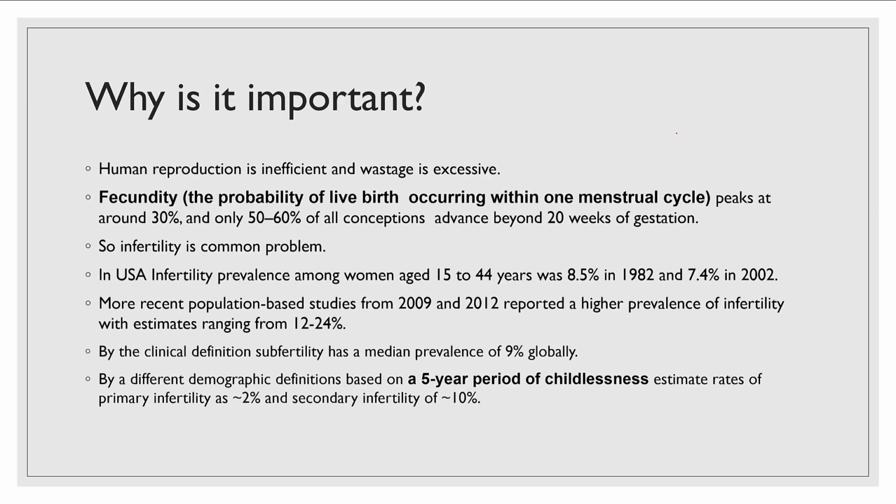Why is subfertility and that sphere important in our day-to-day clinical practice? We know that human reproduction is not a very efficient process compared to other animals, say pigs, rats, cats and other animals. Generally they don't have much difficulty in producing.